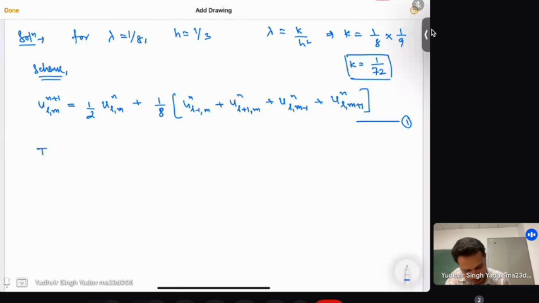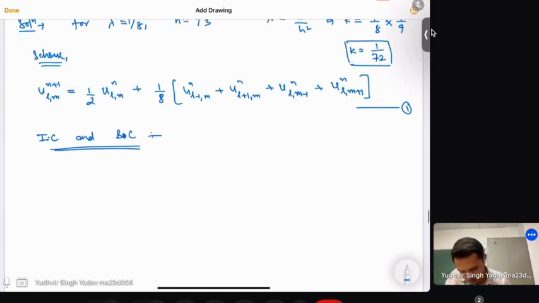Further, we also have the initial and boundary conditions. We will first convert them into finite difference form. The initial condition is u(x, y, 0), which can be written as u(l,m)^0, since time is 0 so n will be 0, and it is given by sine pi l by 3 sine pi m by 3.